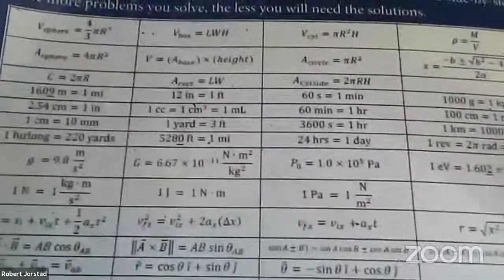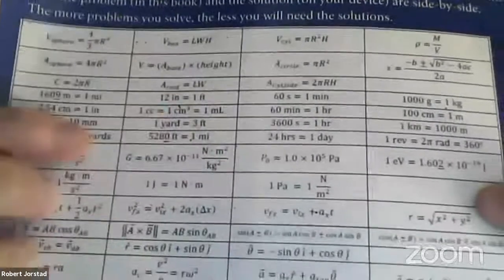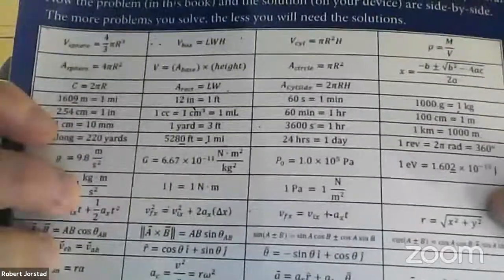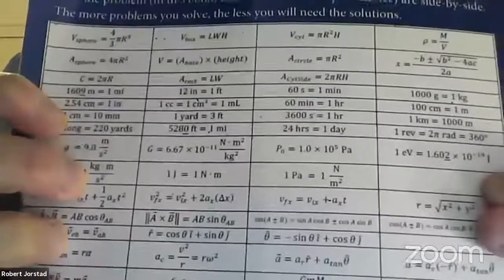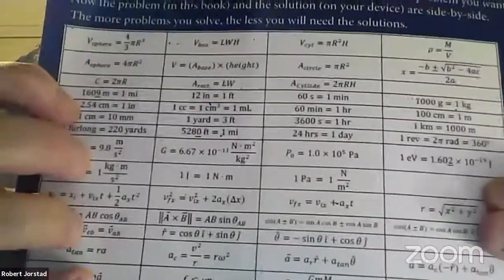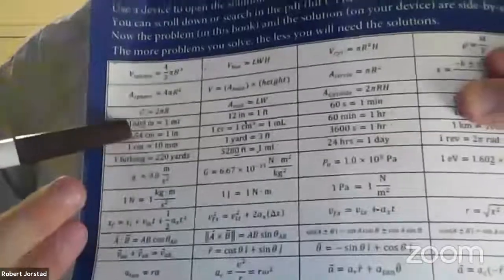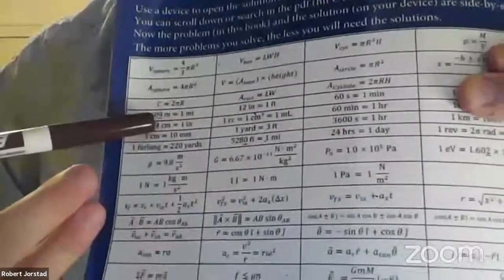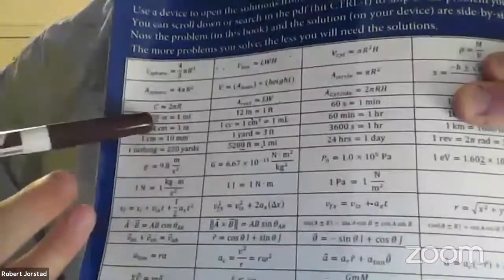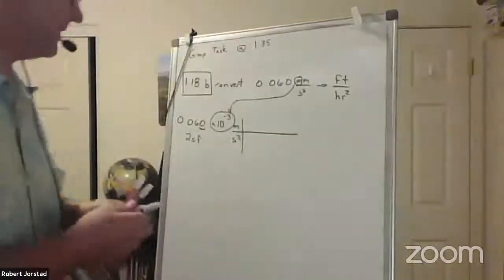I see 12 inches in a foot, and 2.54 centimeters is an inch. Unless otherwise specified, these conversions have infinite sig figs. Here's one right here. See the underbar? That means this one only has 4. But this one is infinitely precise, meaning it has infinite sig figs. More on that in a minute.